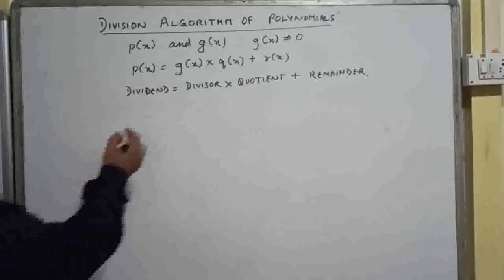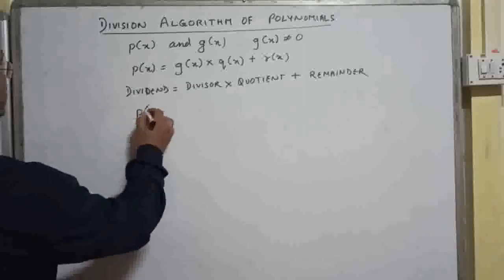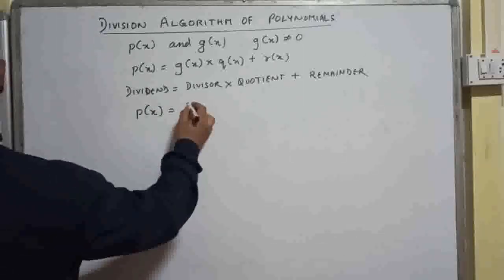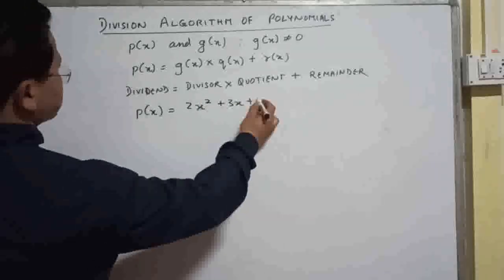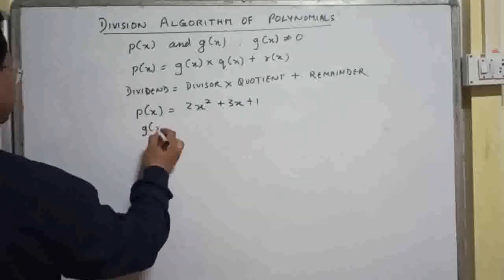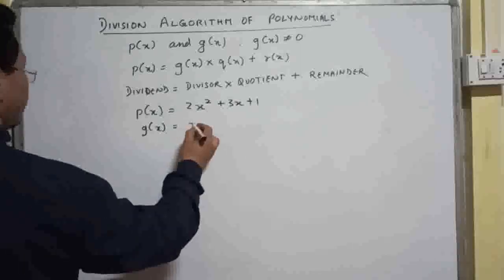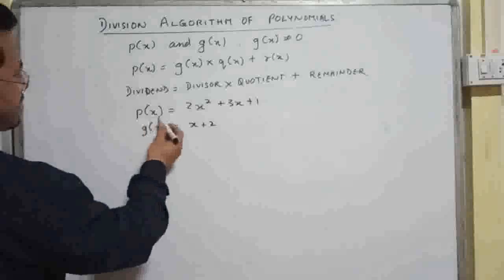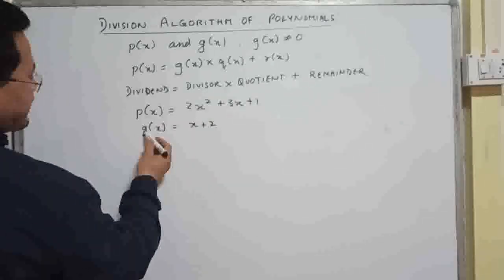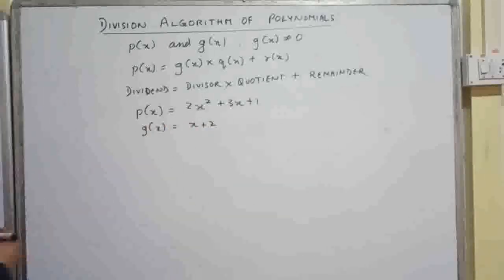For example, we have p(x) as 2x squared plus 3x plus 1 and g(x) as x plus 2. We clearly see that p(x) is of degree 2 and g(x) is of degree 1.